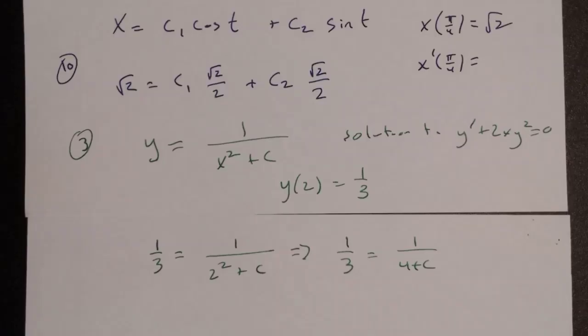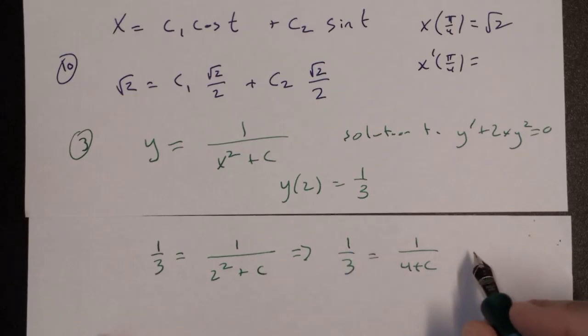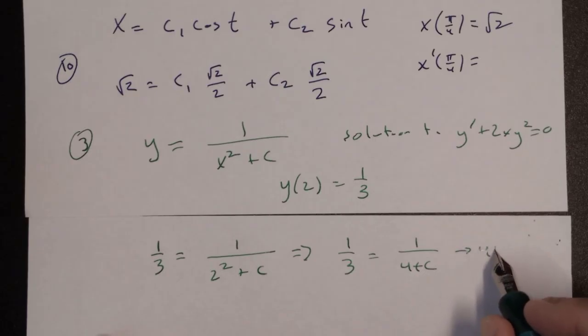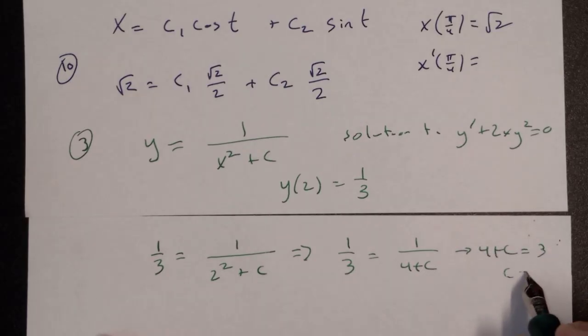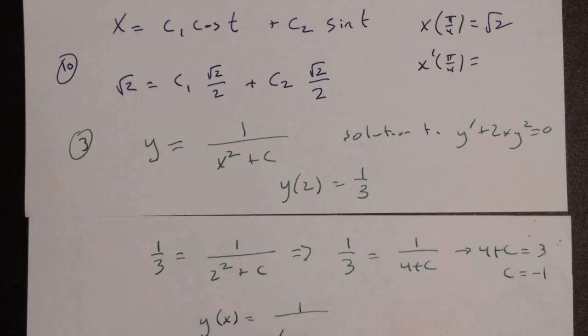What C value works? Okay, so that means that the correct equation to go through this is y of x equals 1 over x squared minus 1.